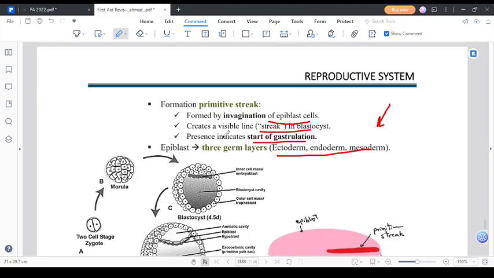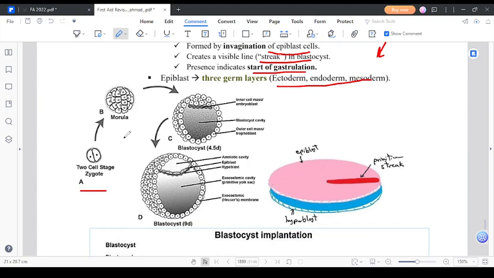The hypoblast gets involuted. Here you can see the two cell stage, which forms the morula, then the blastula, with the inner cell mass, the embryoblast, the blastocyst cavity, and the outer cell mass, the trophoblast. Here we have the amniotic cavity, where epiblast and hypoblast are differentiated. This is the amniotic cavity, and this is the exocoelomic cavity, the primitive yolk sac.